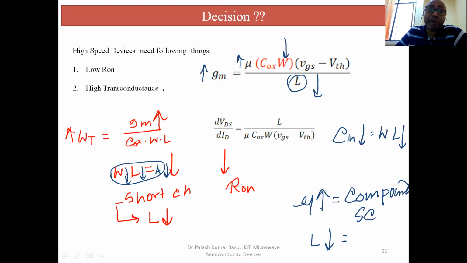It's a preferable choice, rather than playing with L. If you play with L, you'll have a high GM.